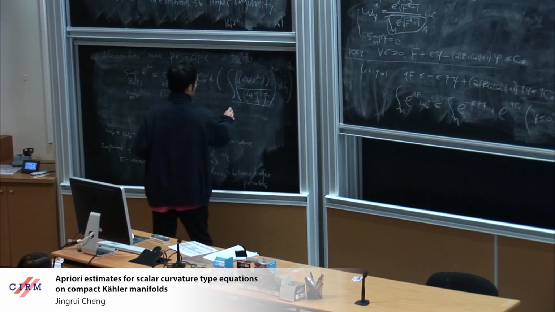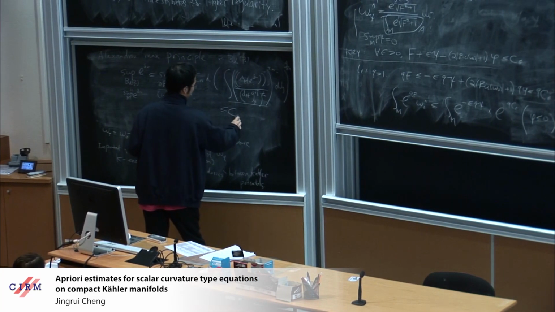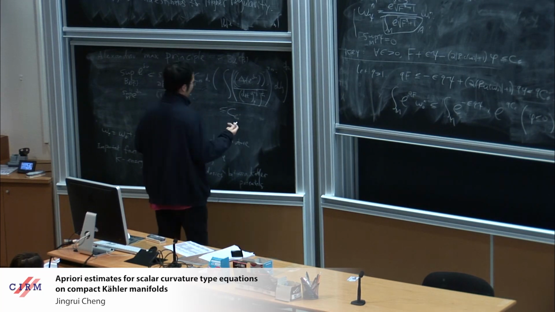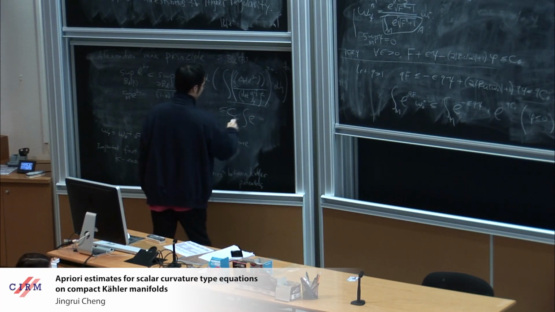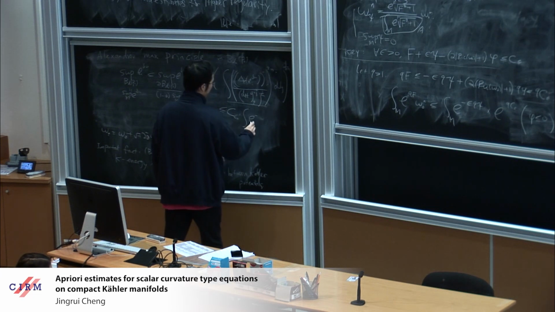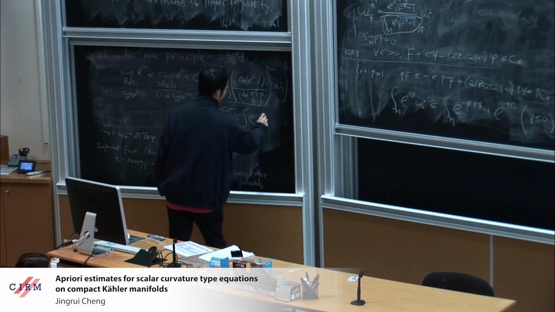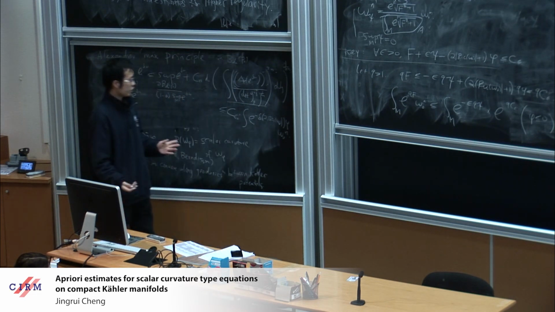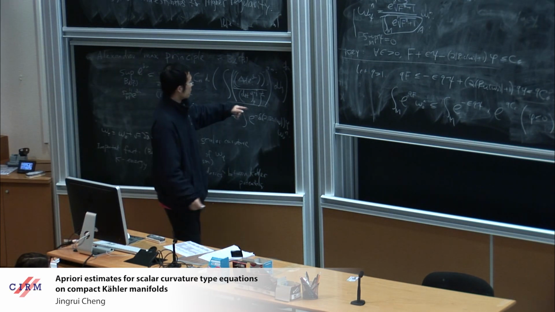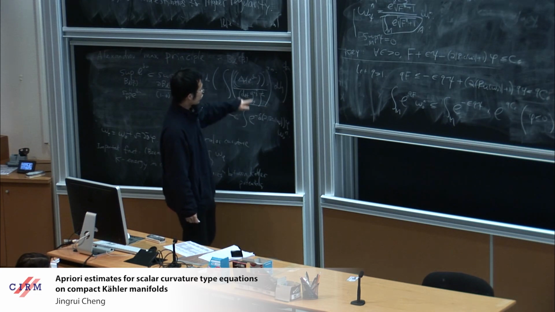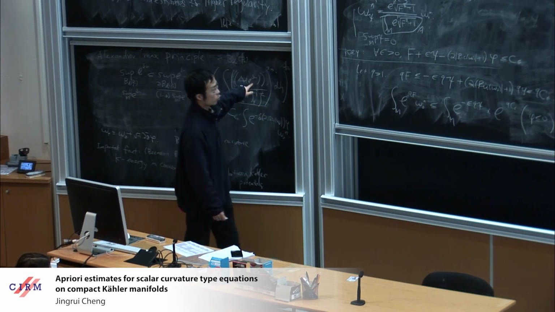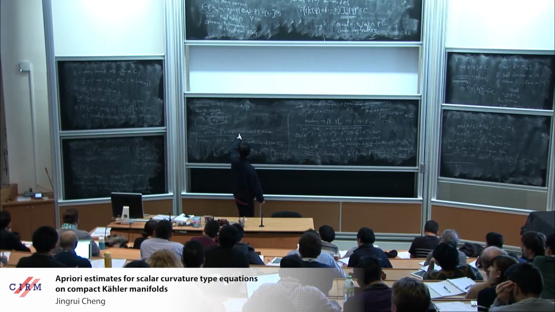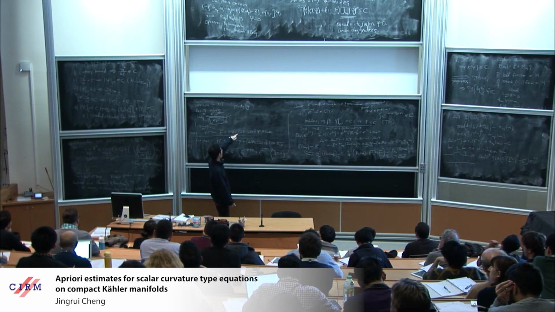So this gives a constant depending on epsilon 0 prime times the integral of e to the negative delta times the 2 Ricci bound times phi. Here you just use the definition of the quantity u, and use that psi is non-positive, so you drop it.